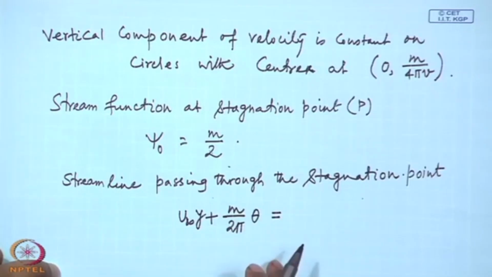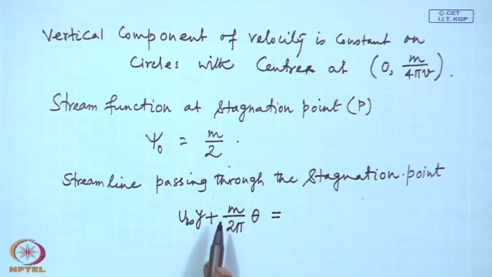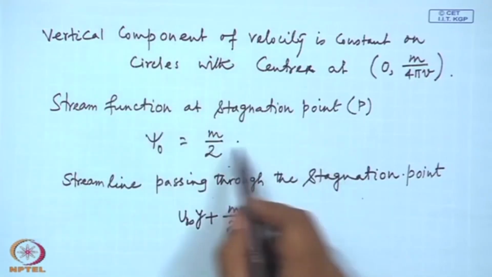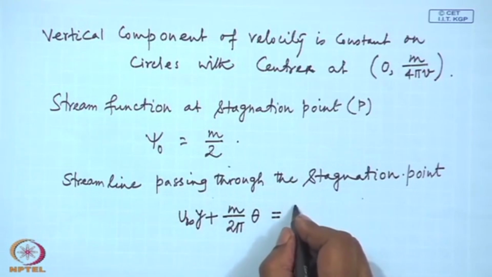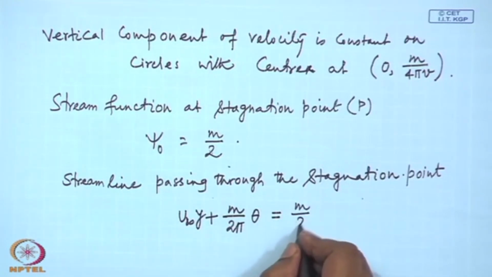This equal to constant is the equation for all the streamlines, a different streamline for a different value of the constant. The streamline which is passing through this, for that we have already found the constant m by 2. So, in this case the constant is equal to m by 2.